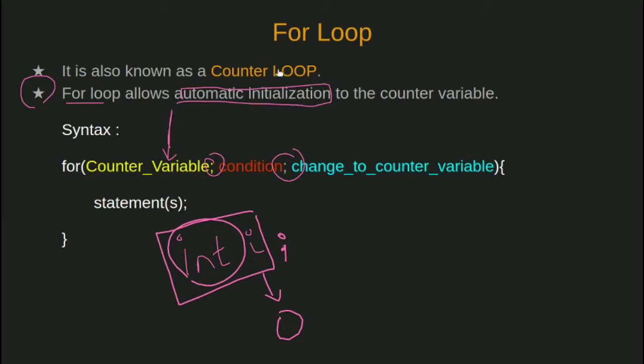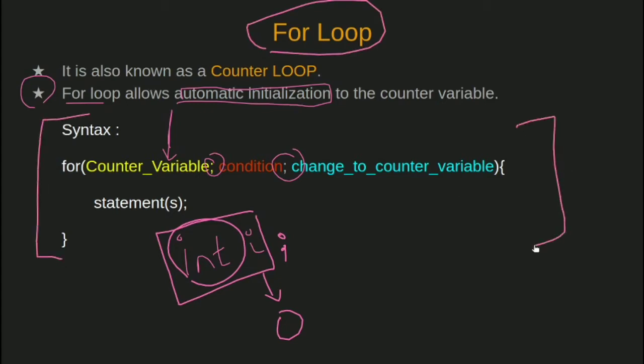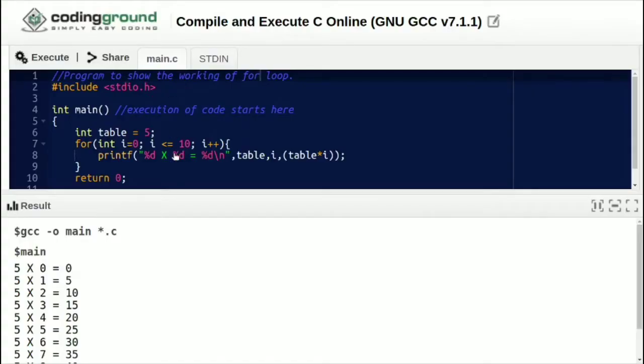Now that we know what a for loop is and we have even seen the syntax for our for loop, let us now see the for loop in action. This is a very simple program, and this program prints the table for 5 by making use of our for loop.